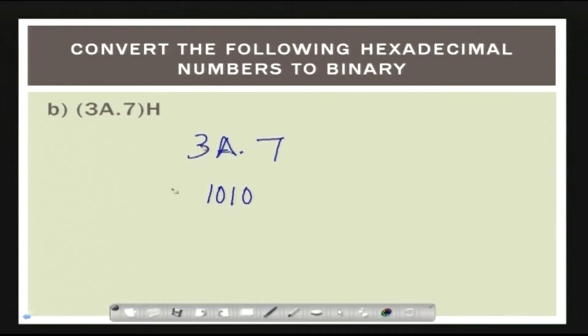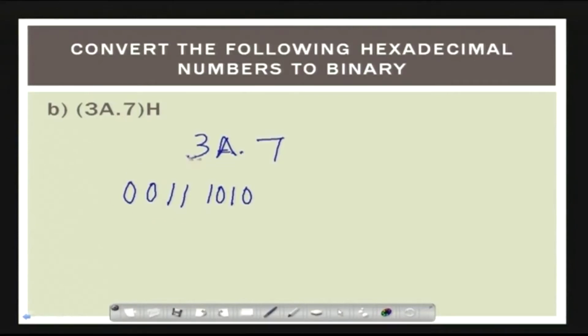But look at 3. 3 can be written as only 11 in binary form, that is, the usual decimal to binary conversion gives us only 11. But this is a hexadecimal digit, so to represent it in binary form, we have to add 2 more zeros to the front.